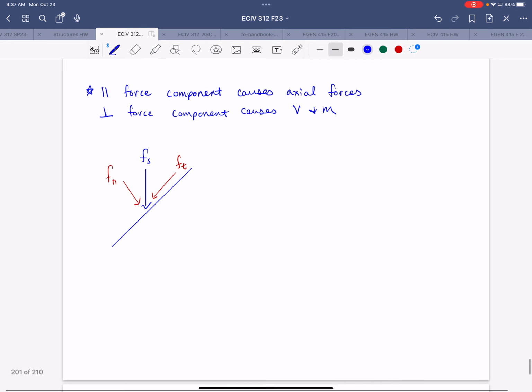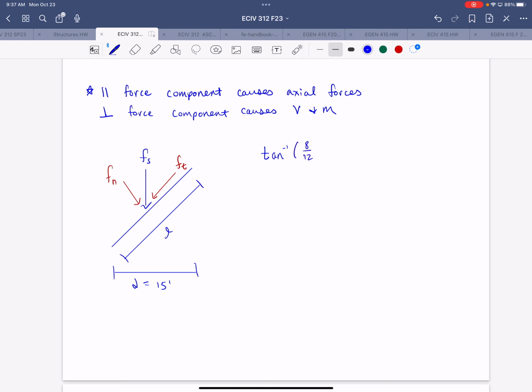So again, we'll go ahead and say we've got our length here, L. The span is 15 feet. So if we want to find the angle, we can do that.